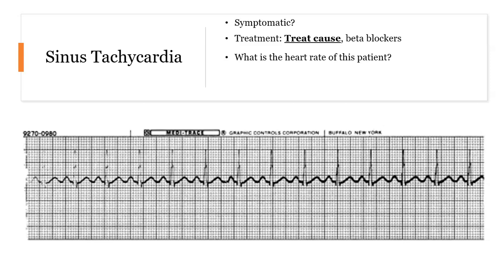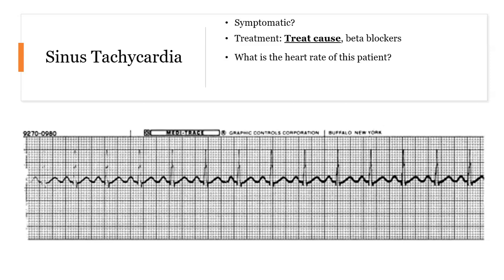What's the heart rate of this patient? Can you count those R waves? Let's count them. 1, 2, 3, 4, 5, 6, 7, 8, 9, 10, 11, 12, 13, 14. This patient's heart rate is 140. It's too fast.